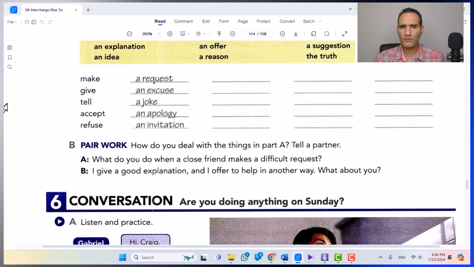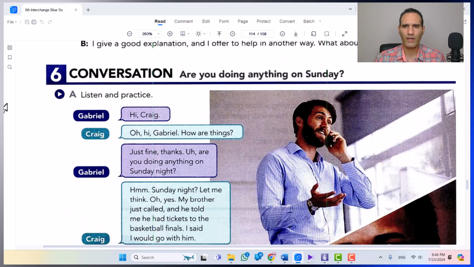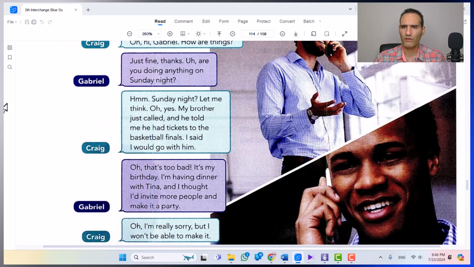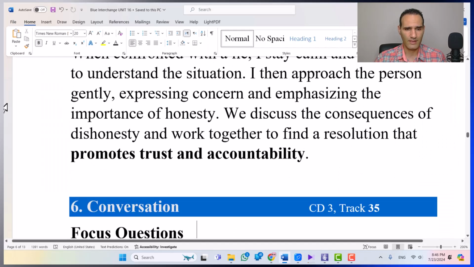Okay, maybe you can find answers to the other situations as well. And now if you're good, we head for the conversation. Are you doing anything on Sunday? So Gabriel and Craig talking on the phone, as you see in the picture, and one of them makes a request, the other one, let's see if it accepts or turns down.